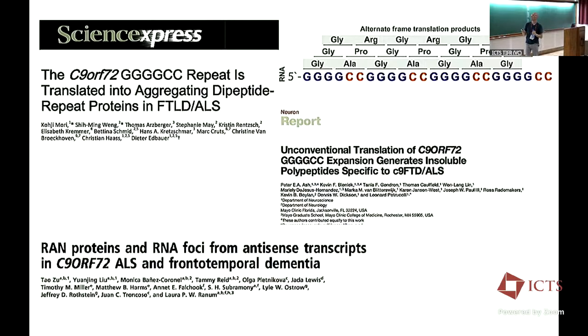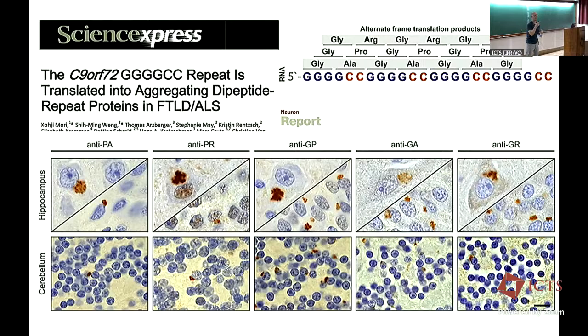And if you make antibodies against these predicted dipeptide repeat proteins, they're aggregation prone, and you can see them accumulating in the brain. So maybe these proteins are causing disease by some toxic thing. So it gets pretty complicated, right? We still don't know how those are causing disease.